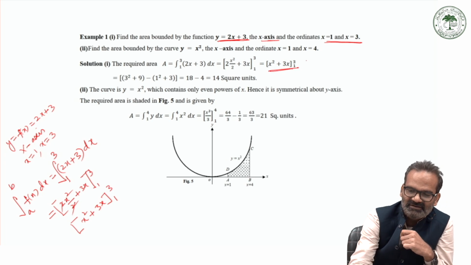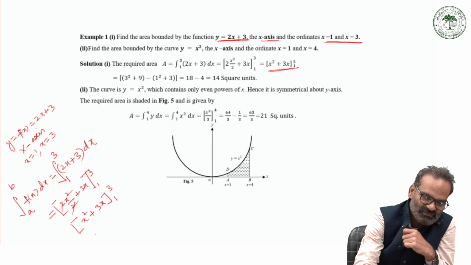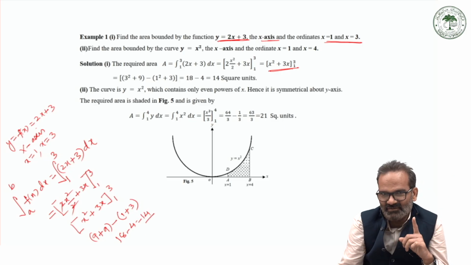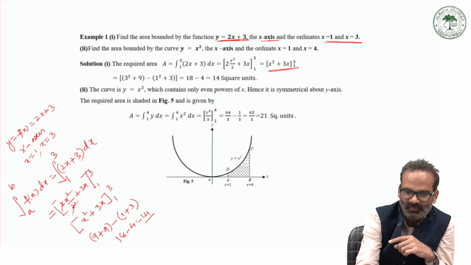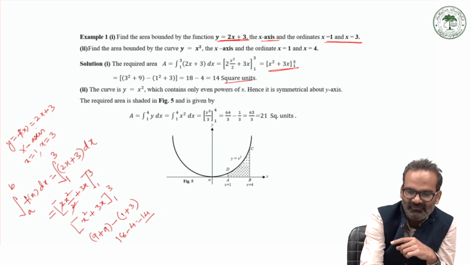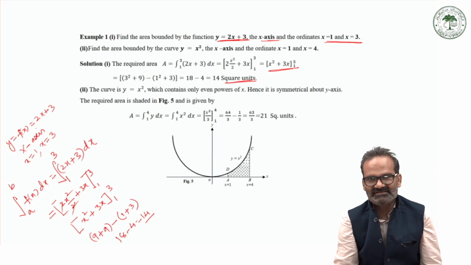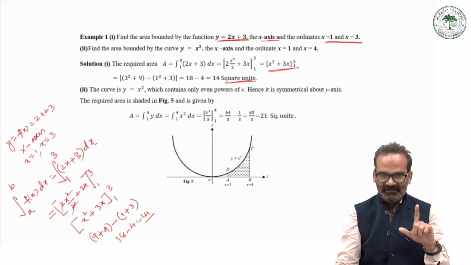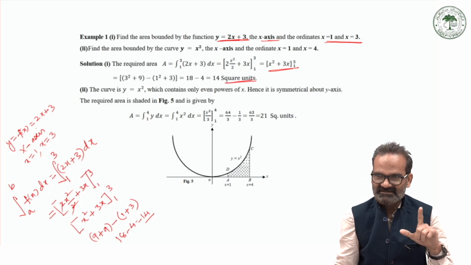Now substitute the limits. x square plus 3x means 3 square is 9 plus 3 into 3 is 9, in the first bracket, minus 1 square is 1 plus 3 into 1 is 3. So 9 plus 9 is 18 minus 4. What is left? That is 14. 14 is only a number. You must mention the unit. 14 square units. Now it will be considered as an area. Don't write only 14. Only 14 is a number, right?